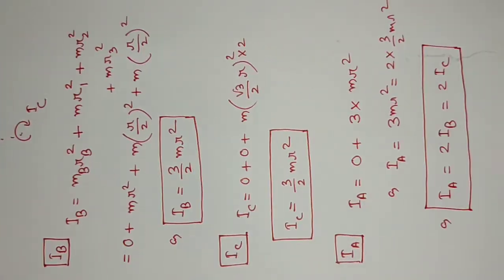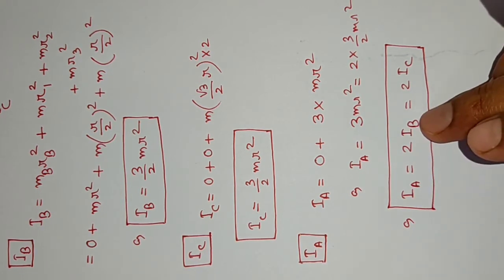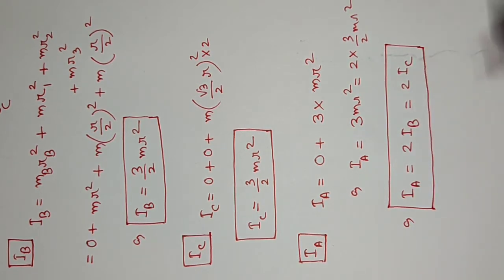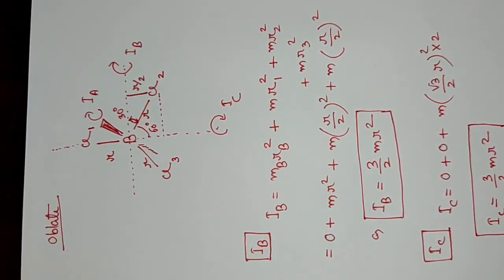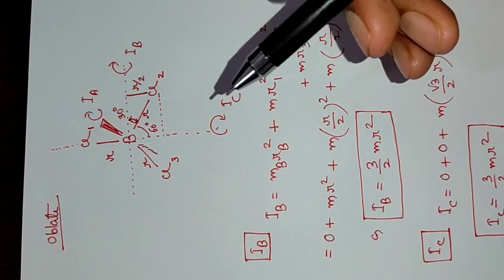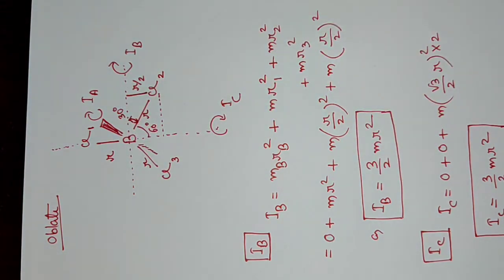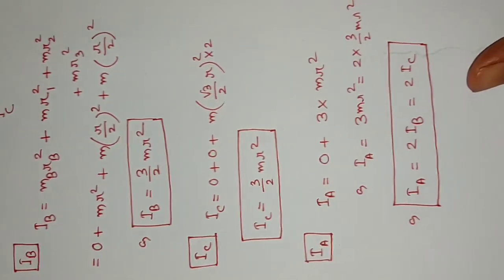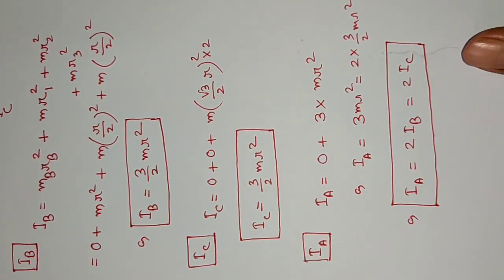And since IA is greater than IB and IC, since it is double IB and IC, it is an oblate symmetric top. Now in a similar way you will be able to find the relation for the prolate symmetric top, for which instead of IA being greater, it will be IA less than IB equals IC.